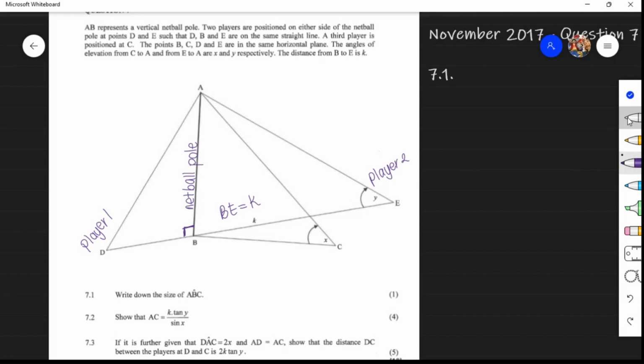So let us now look at our first question. Question 7.1: write down the size of ABC. So let us identify ABC. This is our angle ABC.